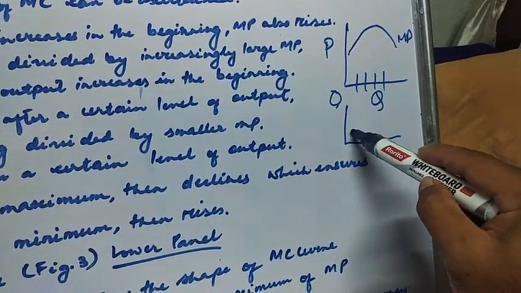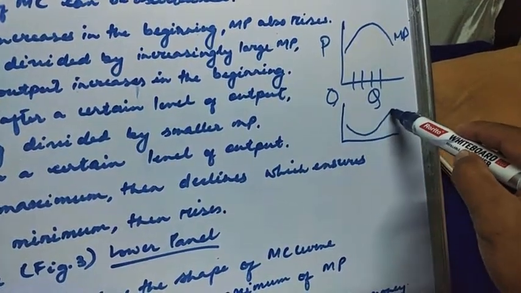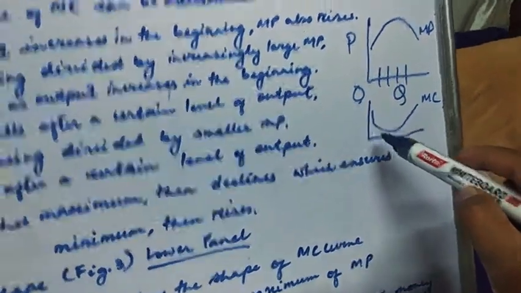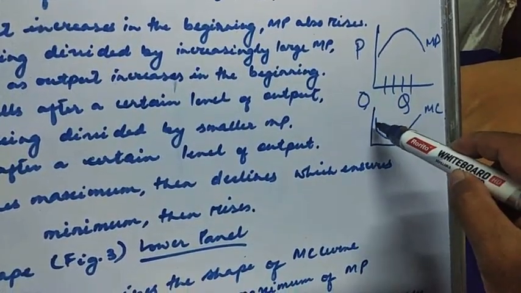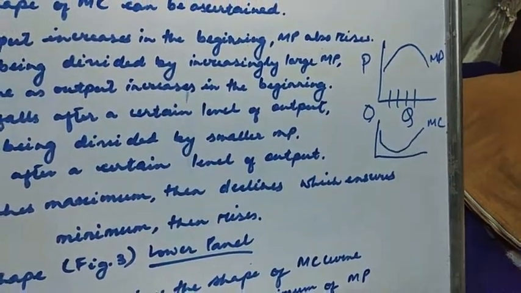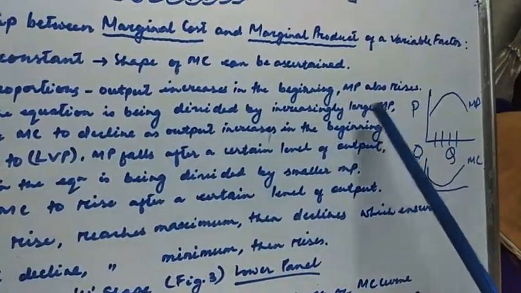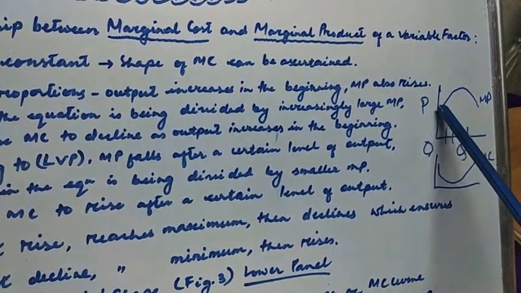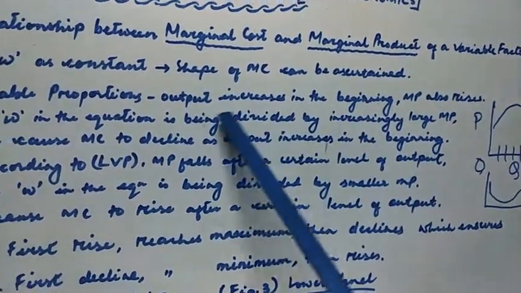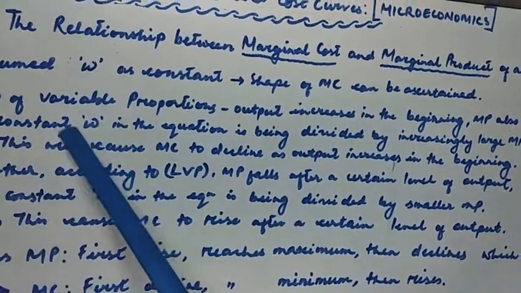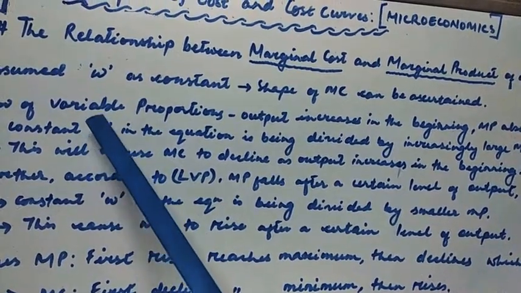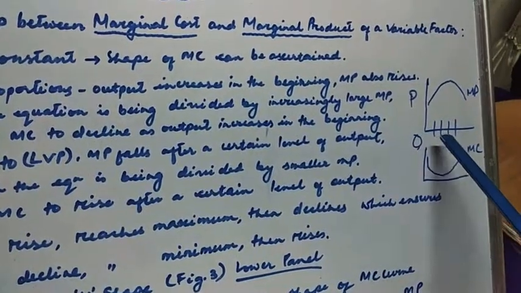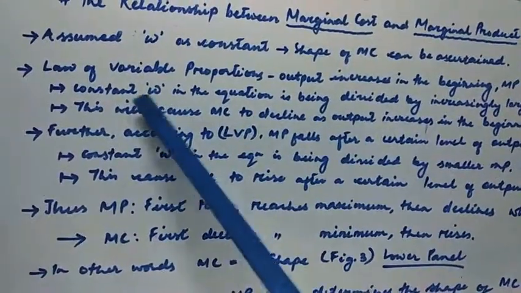So marginal cost will somehow look like this. You will see that this marginal cost is falling in the beginning because of the fact that the increasingly large MP, the marginal product, is constantly dividing the same price that is paid for the variable factor, which means that surely this marginal cost has to decline in the beginning.